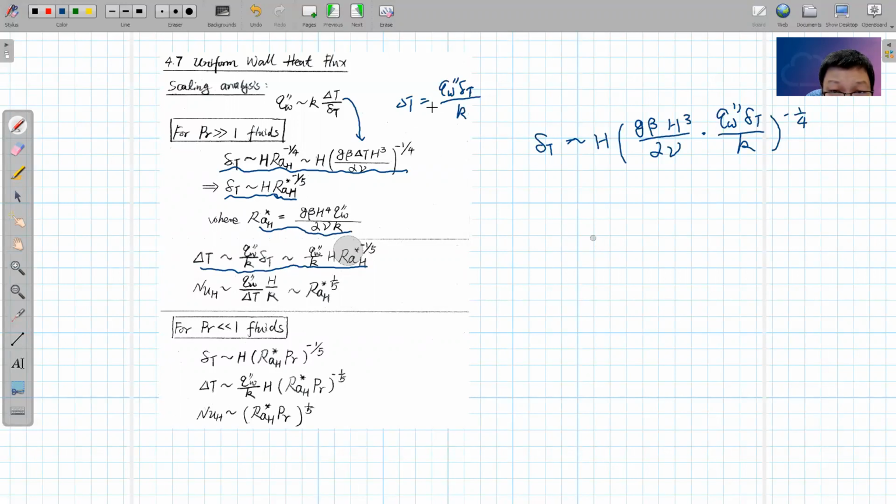Okay, and then because from this correlation here, delta T is a scale of this q_w prime prime times delta T over k. So this delta T will be q prime prime over k times delta T, and you bring this value to this delta T here, and you know that for this constant heat flux case, the delta T scale basically is this one.